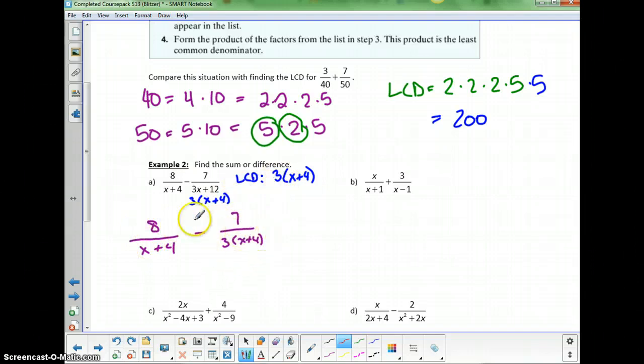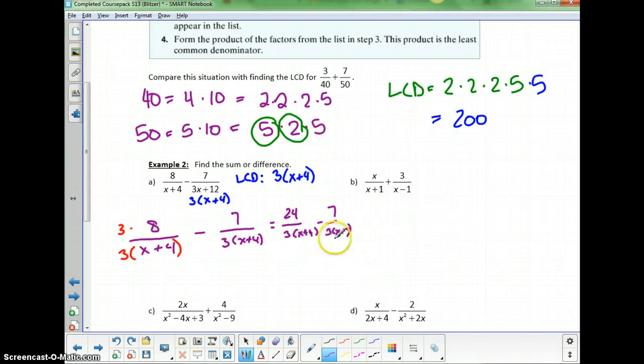It already has the entire denominator, but this one is missing a 3, so we're going to multiply it by 3 on top and bottom. Okay, that's going to give us 3 times 8 is 24 over 3 times x plus 4 minus 7 over 3 times x plus 4.